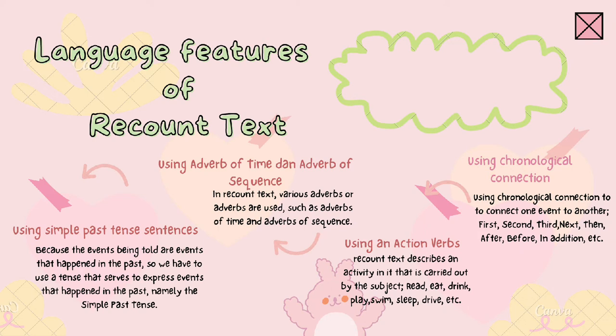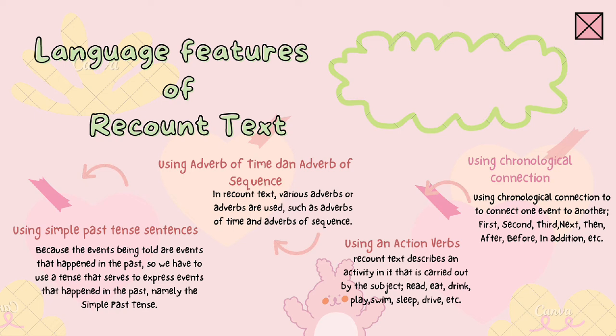Okay, these are the language features of recount text. There are four. The first is using simple past tense sentences. Why? Because it happens in the past. The second is using adverbs of time and adverbs of sequence.